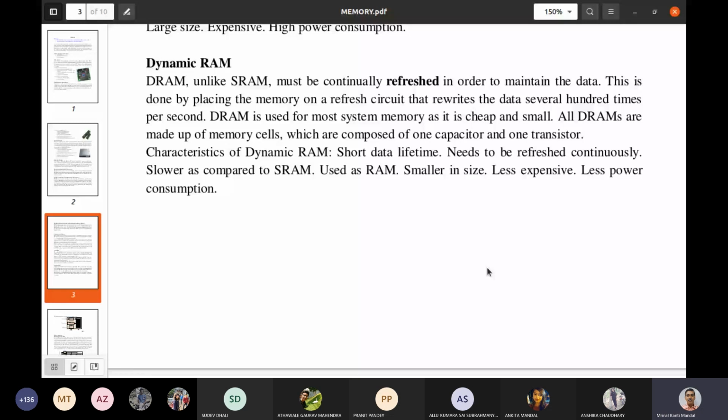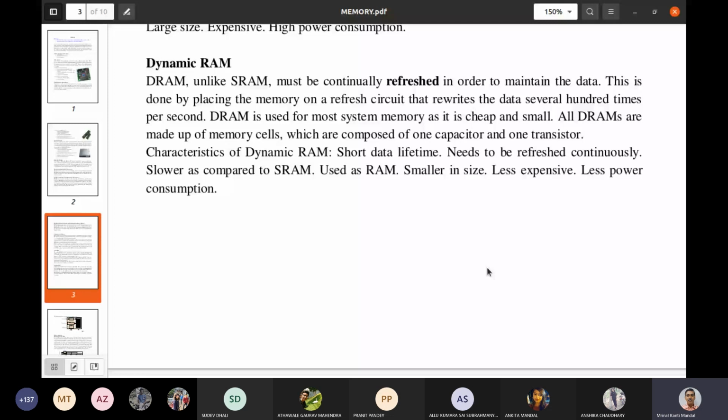But here in the dynamic memory device, basically the information is stored in parasitic capacitance. Since the information is stored in parasitic capacitance, it is a slower device. Obviously it is slower compared to your static RAM.